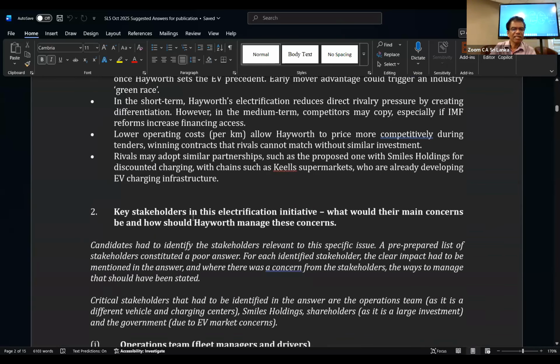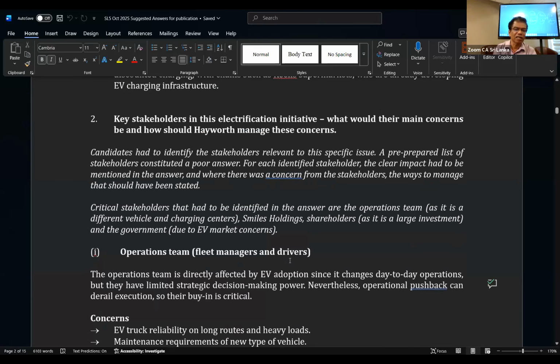The stakeholders of this electrification initiative: what would their main concerns be and how should Haworth manage these concerns? First you have to find out who the stakeholders are and what their concerns are. The operation team, because they are the existing people, right? The fleet managers and drivers, because they managed manual vehicles, not electric vehicles.